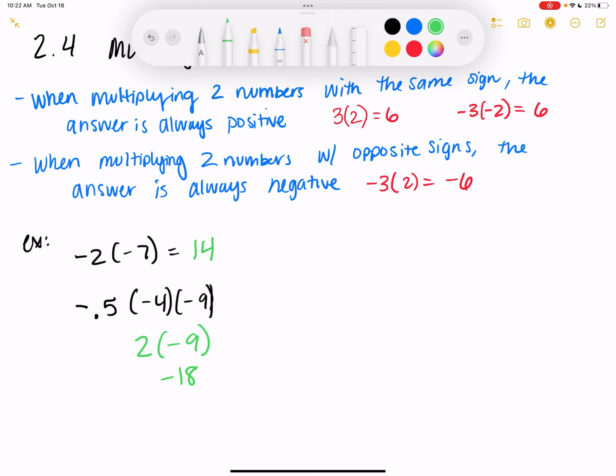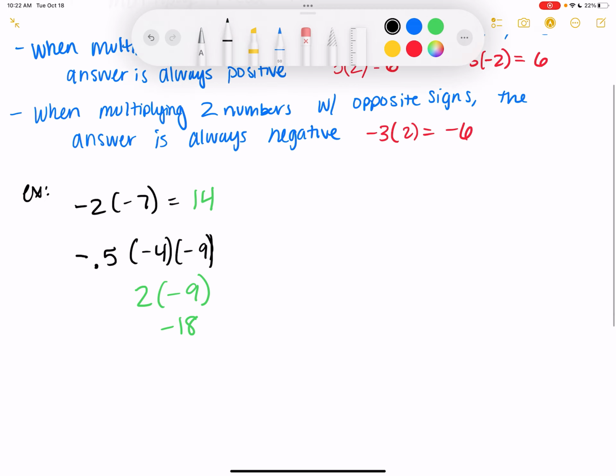All right, so then some of the homework problems. Number 4, we have 11 times negative 2. So what is that going to be?